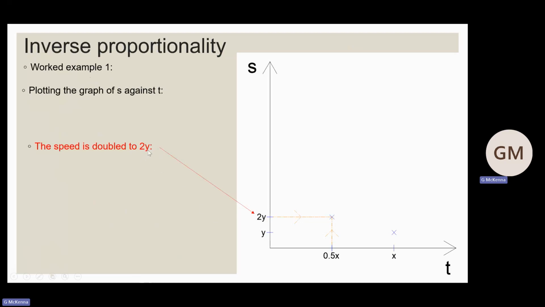Now by doubling the value of my speed, I would then divide the time for my journey by a factor of 2, and so instead of taking x seconds to complete the journey, we're taking 0.5x seconds. So again, on the same graph, if you can, pause the screen, add in these new plotting points and the respective notes around them as well.